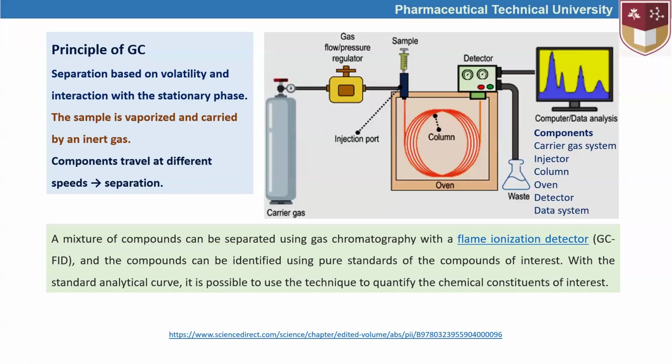The GC has its own database, and from the database, the signals with their mass to charge ratio can be identified. So with this feature, GC is more effective in terms of identification of new compounds. With the standard analytical curve, it's possible to use the technique to identify the chemical constituents of interest.